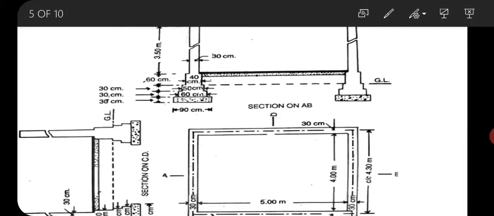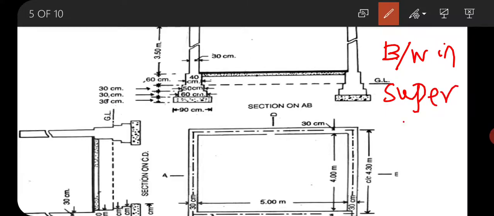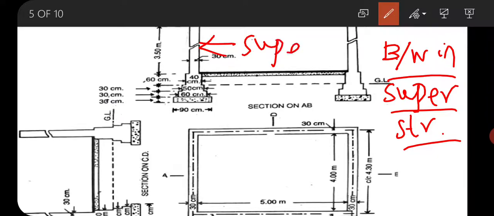So for brickwork in superstructure, this one is the superstructure wall. You can see here the breadth of this superstructure wall is 30 centimeter.